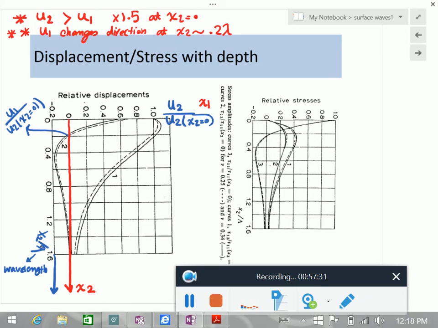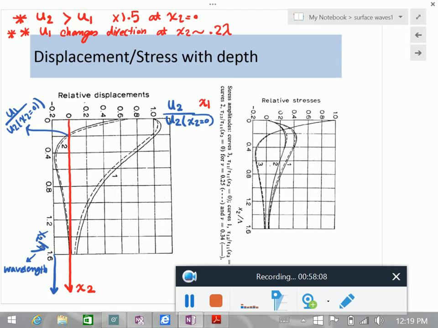There is one very, very important observation missing. This graph is just normalized by x2 over lambda. So what we have is basically a multiplication of lambda.